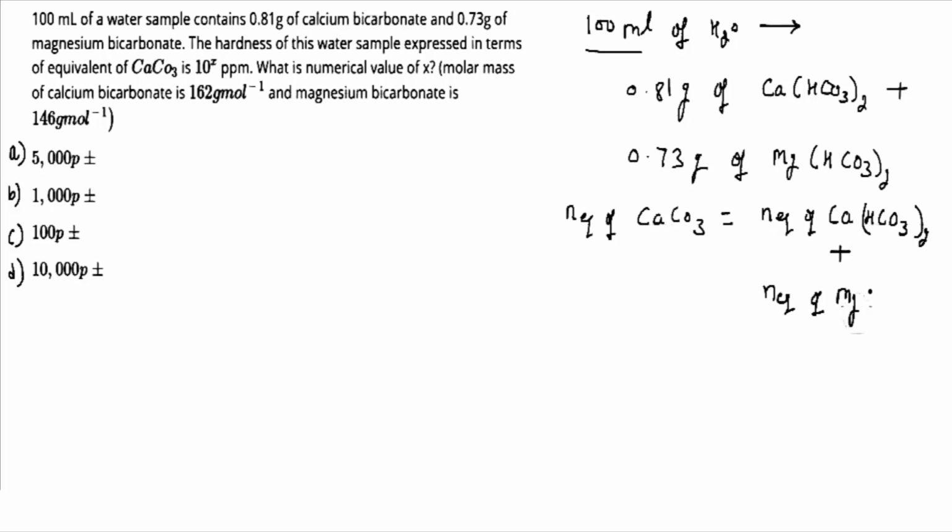This is the equivalent formula. The hardness expressed in gram equivalent of calcium carbonate is due to the gram equivalent of calcium bicarbonate and the gram equivalent of magnesium bicarbonate.